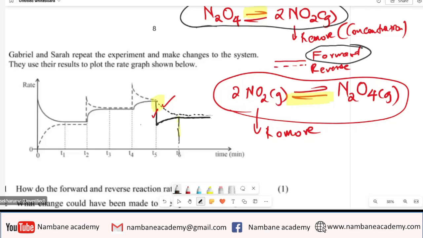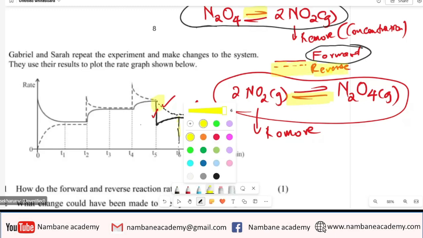The one that will be favored will be on top of the one which is not favored. We favor the reverse reaction. So the reverse reaction there will be this one, which is the broken line.